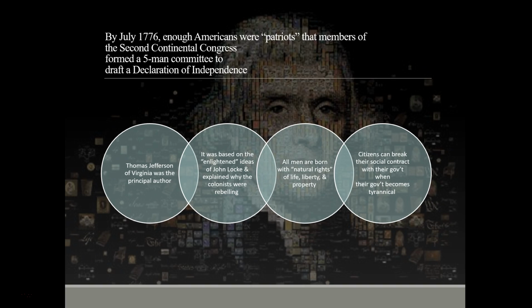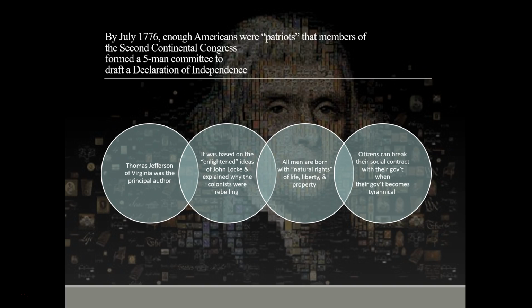By July of 1776, the war had been going on for months, and enough Americans had been convinced that they need to be on the side of independence, that the members of the Second Continental Congress form a committee. And that committee's sole purpose is to draft a Declaration of Independence, the breakup letter with Britain.